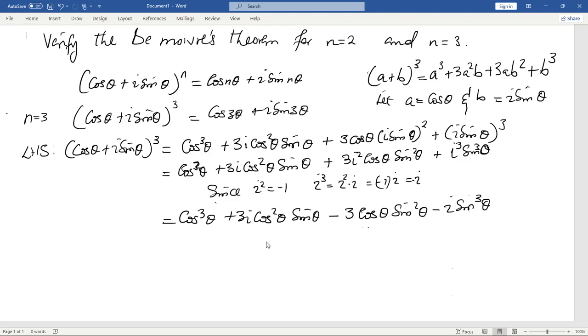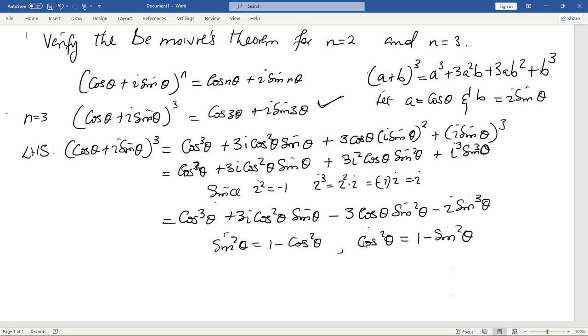So now we know that sin squared theta is equal to 1 minus cos squared theta, and cos squared theta is equal to 1 minus sin squared theta. If we add the real parts together and also the imaginary parts together, you notice that on the right hand side of the expression on top, the imaginary part is just the sine function alone and the real part is just the cosine function alone.